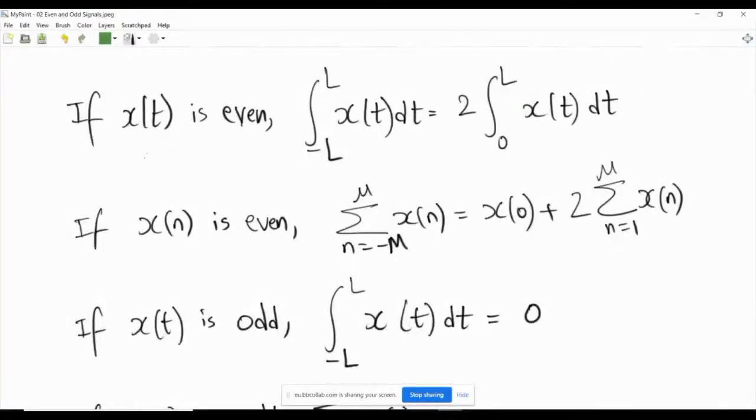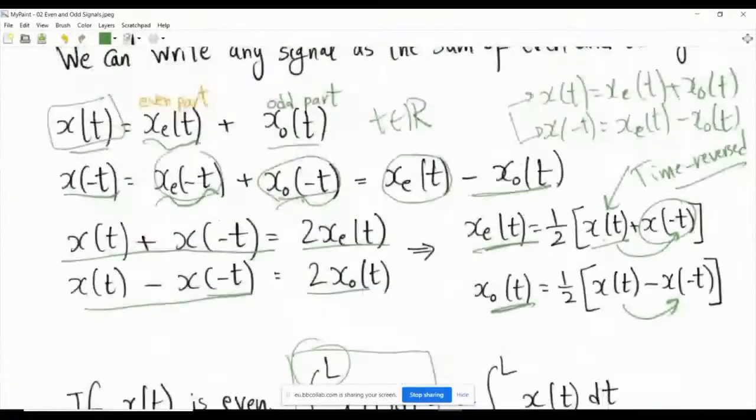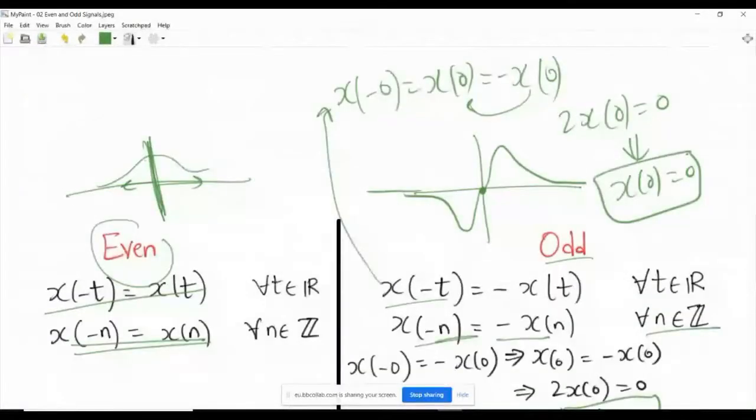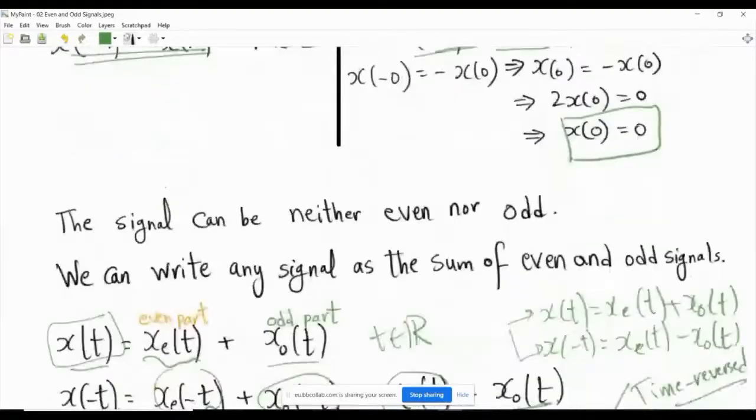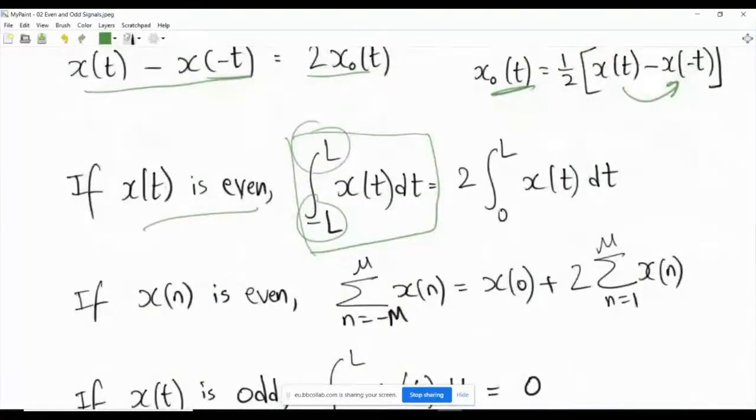Now, if your signal is even and you are integrating it over a symmetric interval from minus L to L, the signal is symmetric. It looks something like this. So if you want to integrate it from minus some finite number to some finite number, what you can do is just integrate it from 0 to L and then multiply by 2.